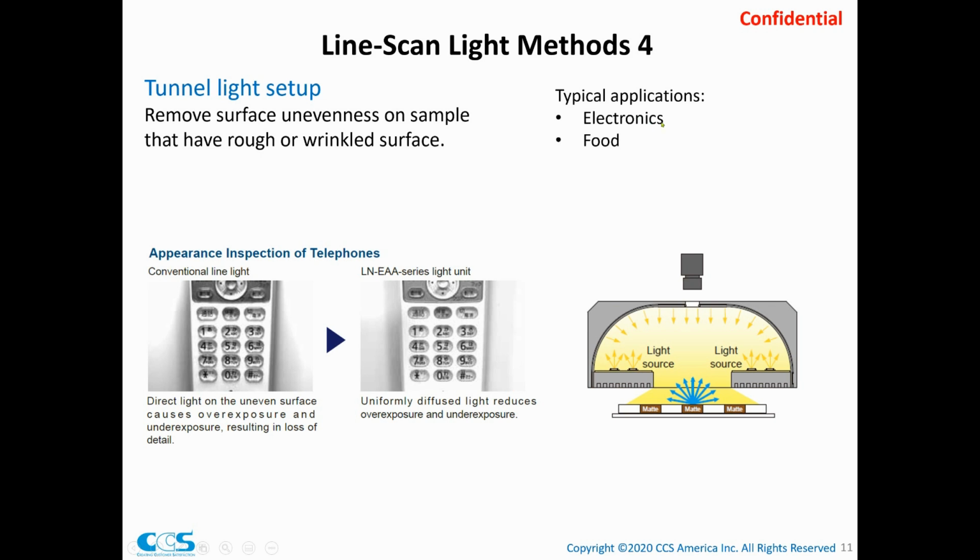For example, electronic PCB, and also in the food industry, something like coffee beans or all kinds of beans. Since the surface is round, we do need a cloudy day light to have the light come from all different angles to remove the surface unevenness.